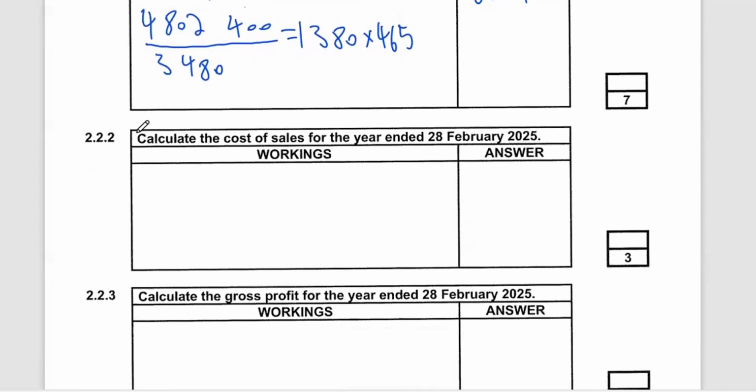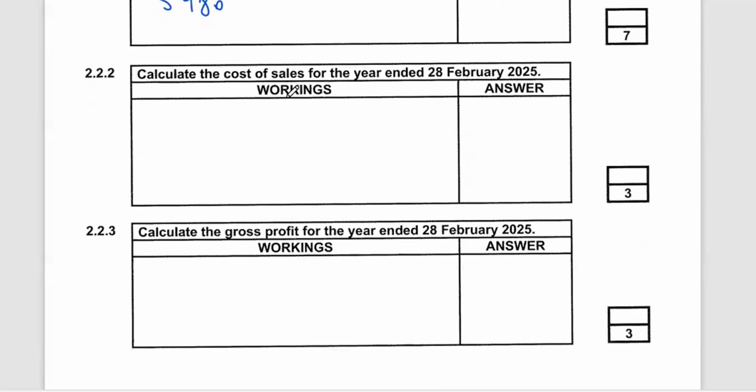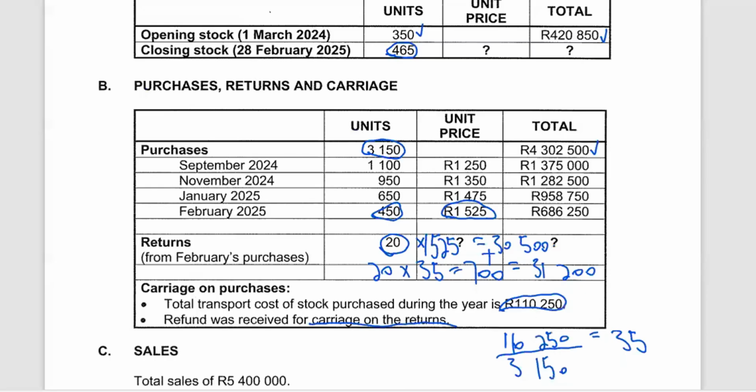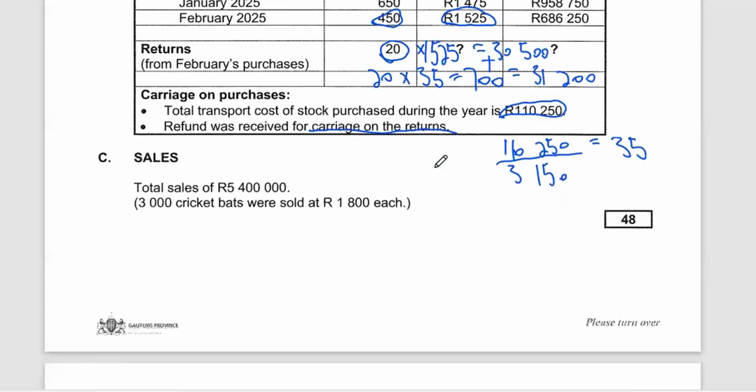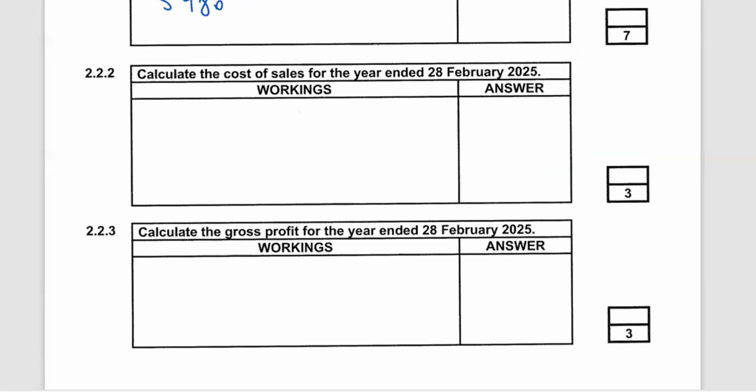Then 2.2.2, we are required to calculate our cost of sales. So now we are given the total sales of 5,400,000. And we were told that 3,000 cricket bats were sold at 1,800 each. Okay. So now, how do we calculate our cost of sales?